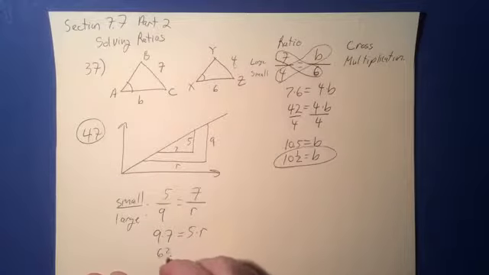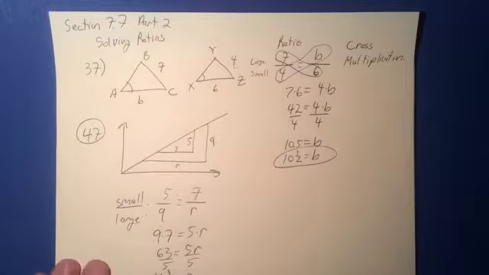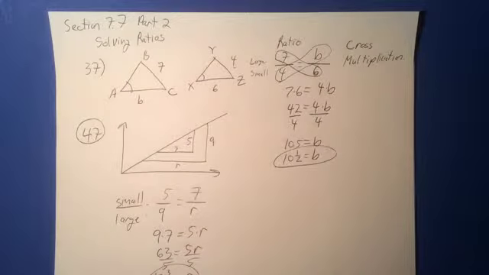That's going to give me 63 equals 5r. Then if I divide both sides by 5, r is going to equal 12 and 3/5 or 12.6. I would accept it in any form, whether it was a decimal or an improper fraction or a mixed number, as long as it was correct.